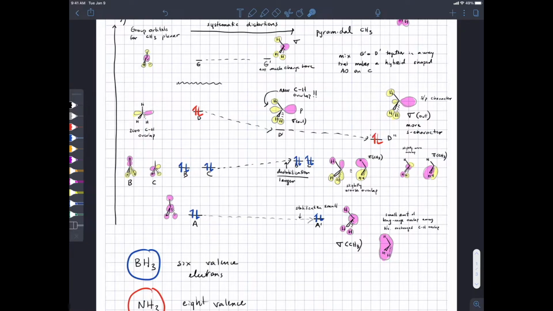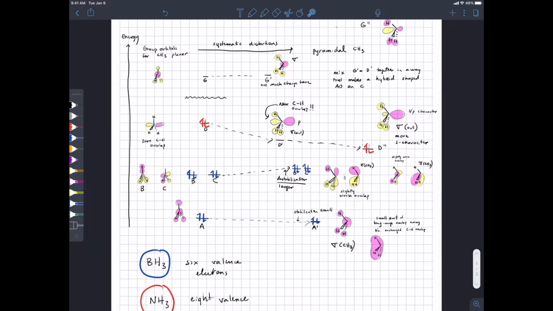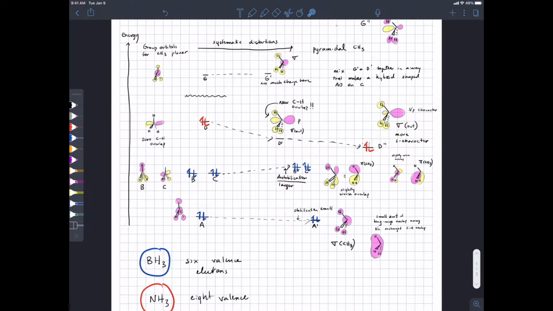So I kind of want to hop back and forth between here and Gaussian, but it's not as convenient to do. So later today, we're going to take these 4 orbitals from pyramidal CH3 and combine them together to make ethane.